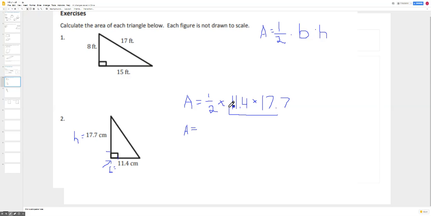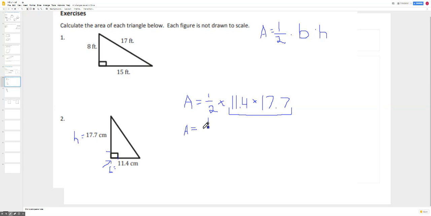If that's the case, then it's okay to multiply these two numbers first with the calculator, the 11.4 multiplied by 17.7. Let's try that one more time. I did it wrong. 11.4 times 17.7 and equals.